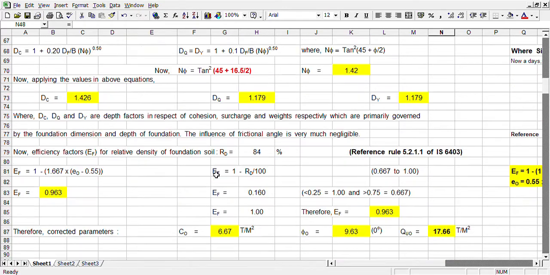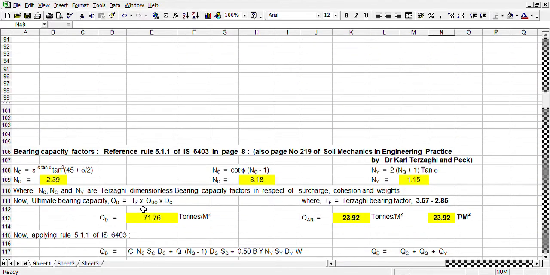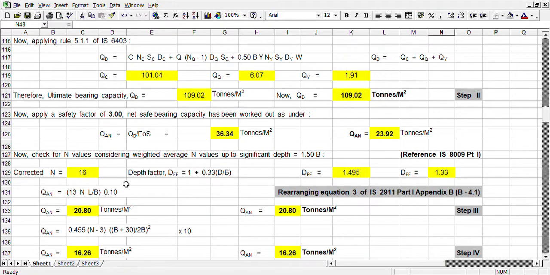Now using this envelope 16 with a correction factor of 1.33, we considered safe bearing capacity, SBC, after rearranging the equation 3 of IS 2911 part 1, Appendix B 4.1.